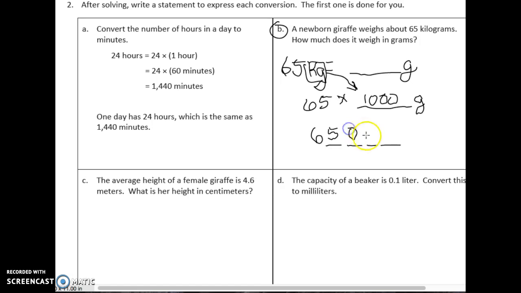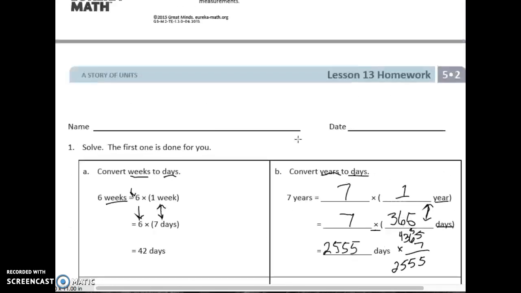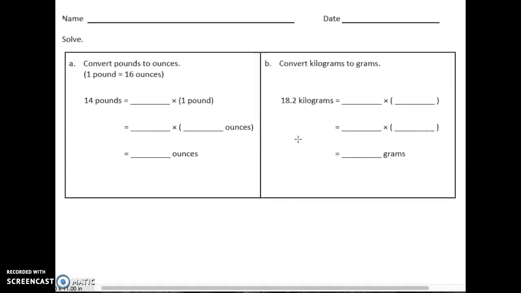And then to fill this in, make sure that the 5 stays in the thousands place because 5 times 1,000 is 5,000. We have to fill in the hundreds place, the tens place, and the ones place. The 6 came along and it's actually in the 10,000s place. So that baby giraffe happens to weigh 65,000 grams.